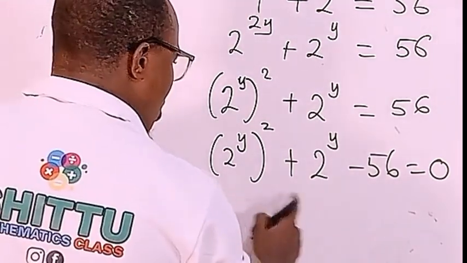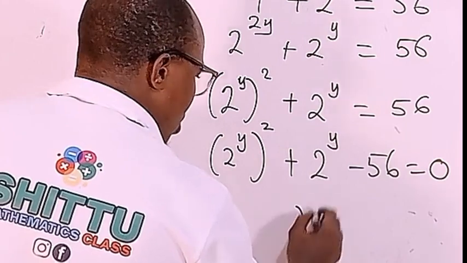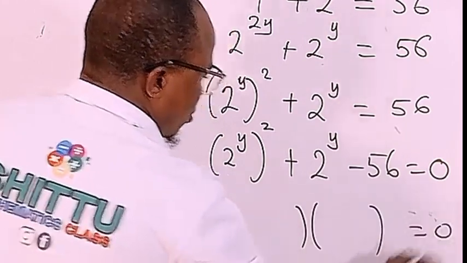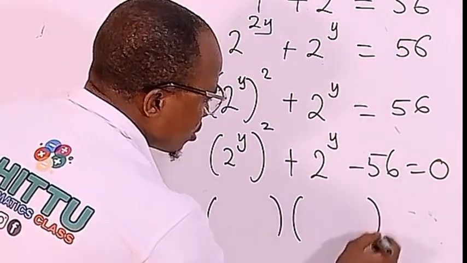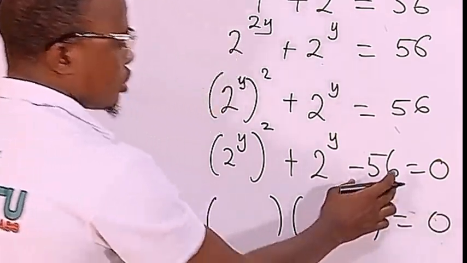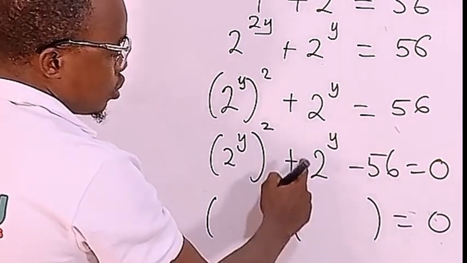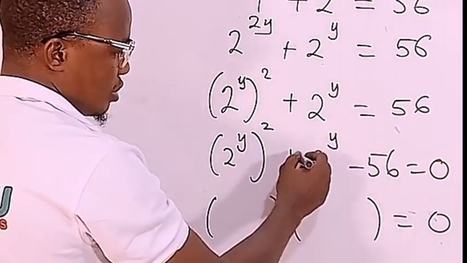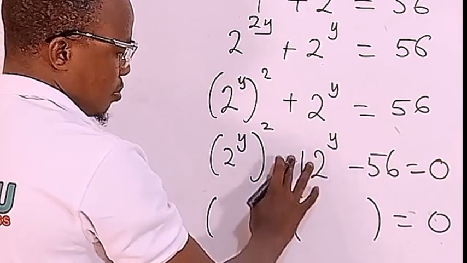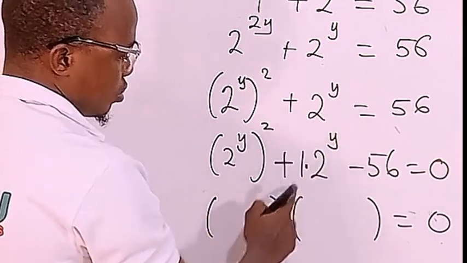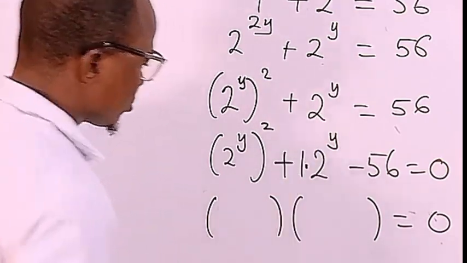Now we are going to use the factorization method. Look for two factors of minus 56 which, when multiplied together, give the product of the coefficient of the squared term and the constant. The coefficient here is 1, and the coefficient of 2 to the power of y is 1.